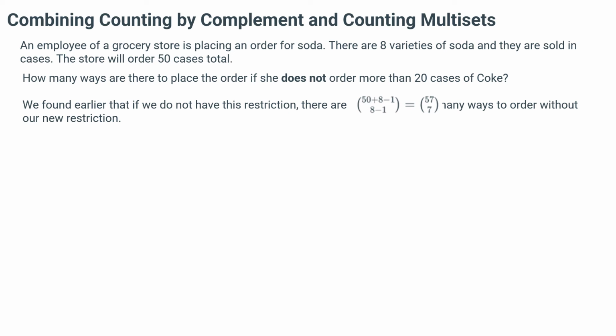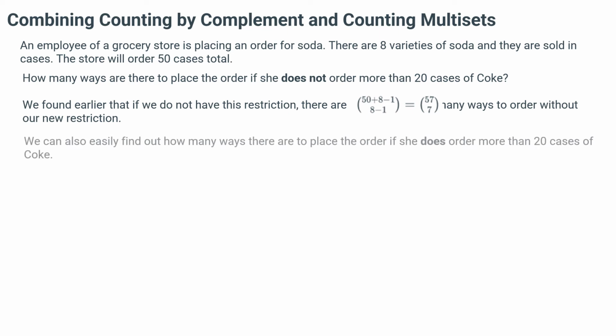If we're going to use the complement rule, we need to find out how many ways there are with no restrictions. So if we didn't have that restriction, what would it be? We just had that first sentence there, we're just placing an order for 50 cases. Then we saw that it would be 57 choose 7. Okay, so that's without these restrictions.